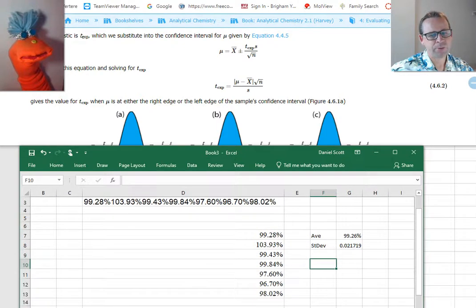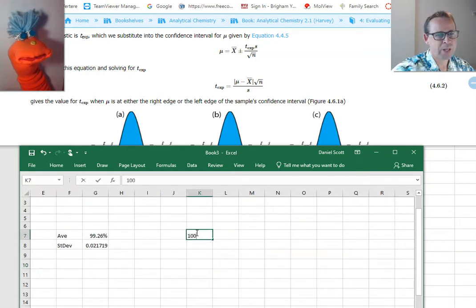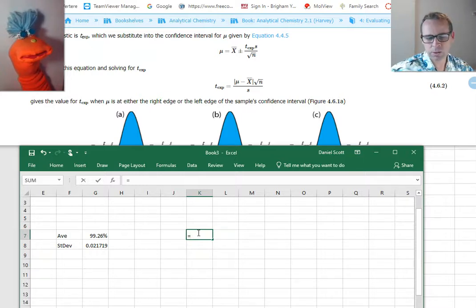That's right. Because the material, they said, was 100% pure. And so we're going to take our 100 here. And actually, I'm going to start off with an equal sign because this is going to be a calculation here. So I'm going to take the 100 and subtract the average. All right, there it is.